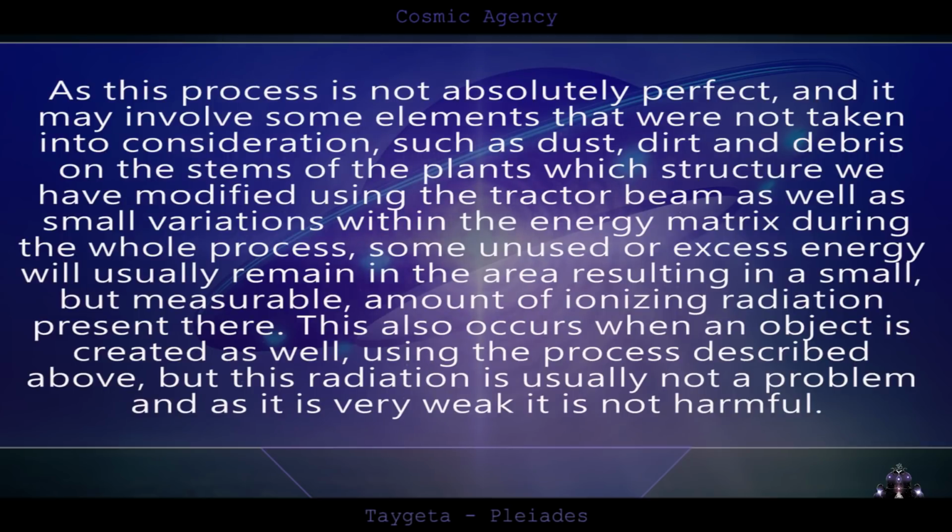Some unused or excess energy will usually remain in the area, resulting in a small but measurable amount of ionizing radiation present there. This also occurs when an object is created as well, using the process described above. But this radiation is usually not a problem, and as it is very weak, it is not harmful.